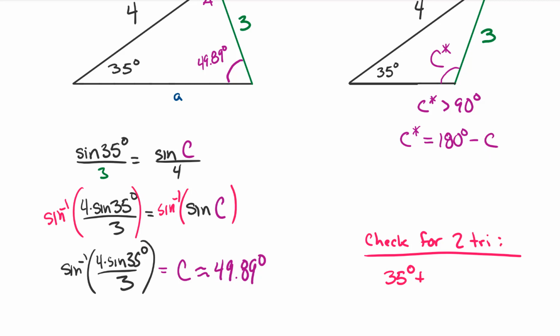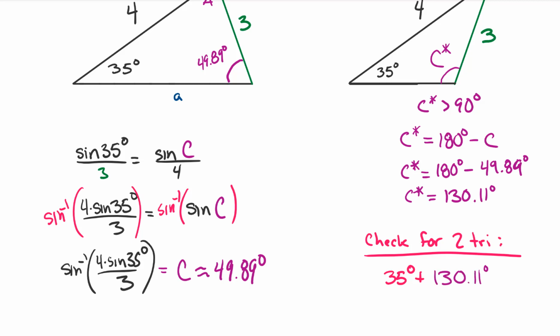So our C star is equal to 180 minus 49.89 degrees. What's that going to be? Our C star is equal to 130.11 degrees.